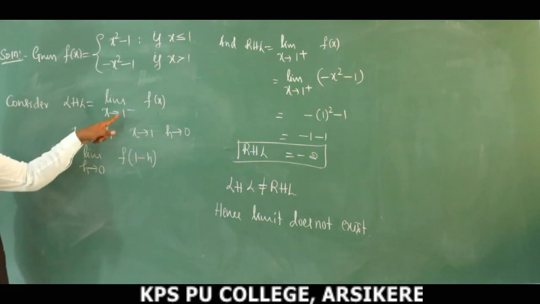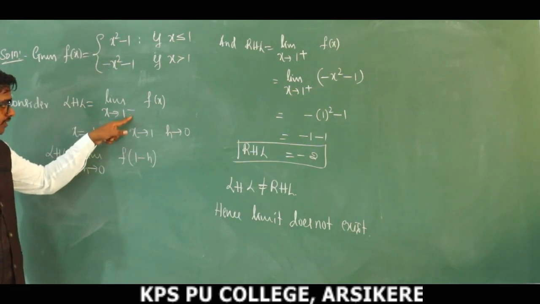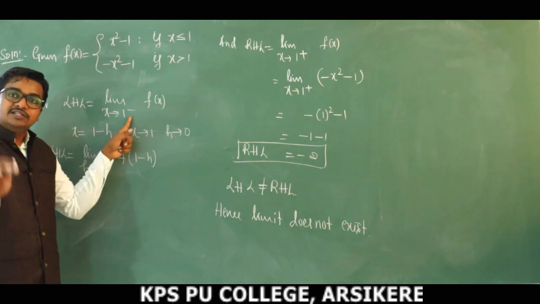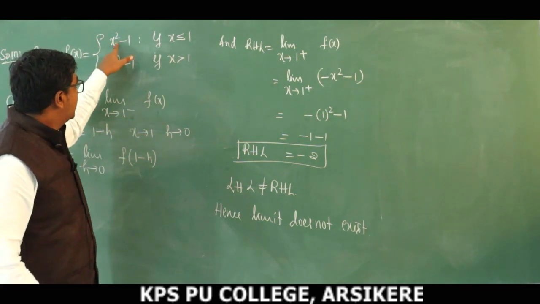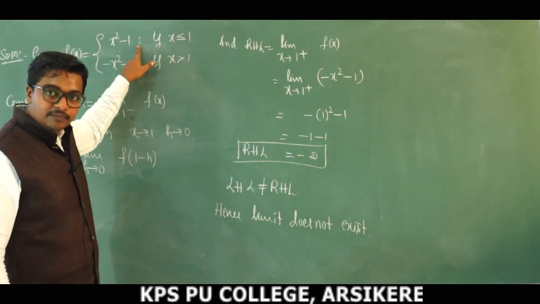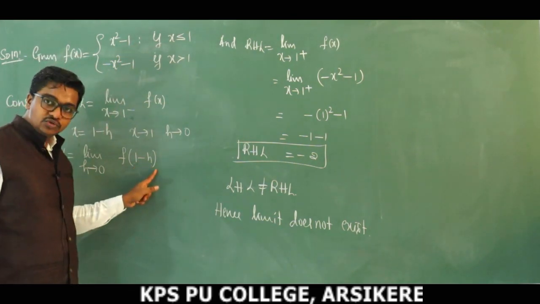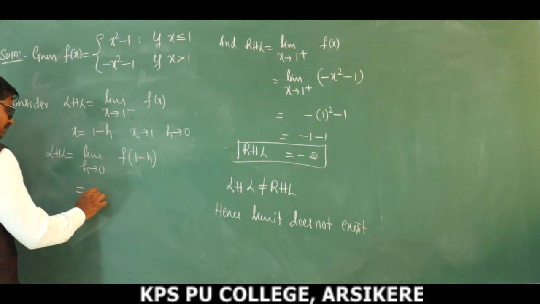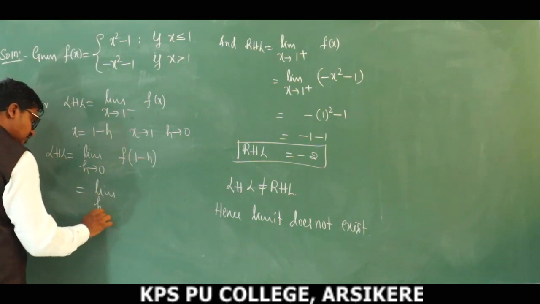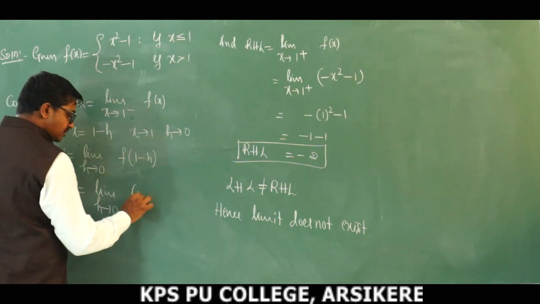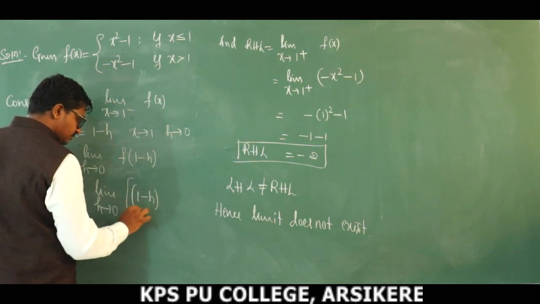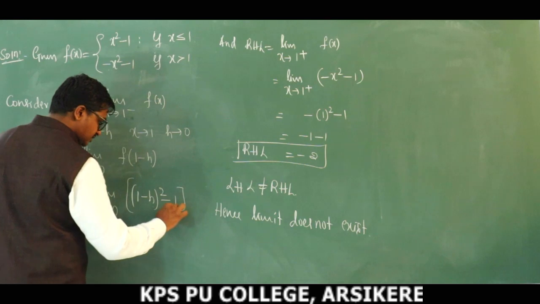Look here, when x approaches 1 minus, the value of x is a little bit less than 1. In that case the function becomes x square minus 1. But here we take f of 1 minus h, that reduces to the limit as h approaches 0, where in the place of x we have to substitute 1 minus h. That's it.